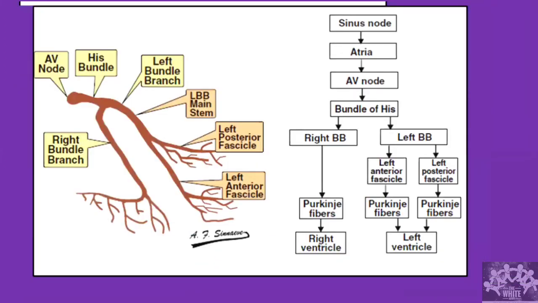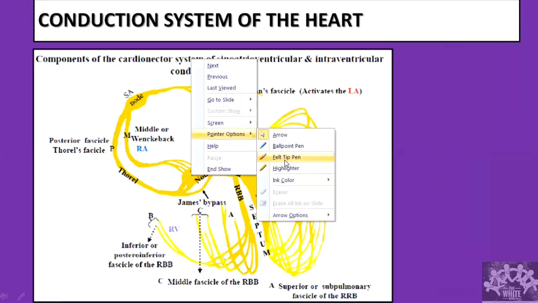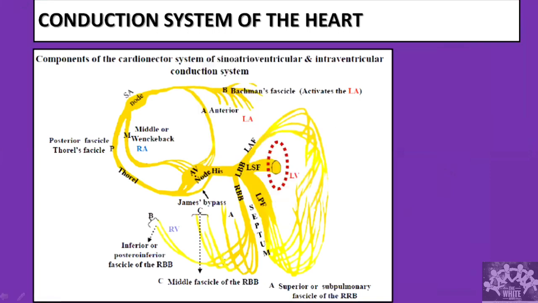Okay, so this is called the James pathway. I don't know if all of you have heard of this. Let's say from the internodal tracts, this is the AV node. Normally the impulse goes from the AV node to the His bundle. Let's say by chance it bypassed the AV node but goes inside the His bundle.